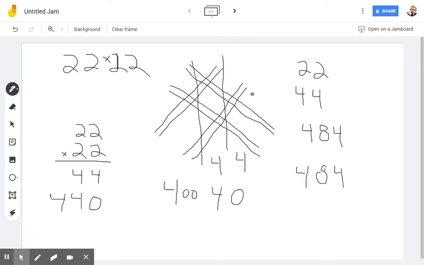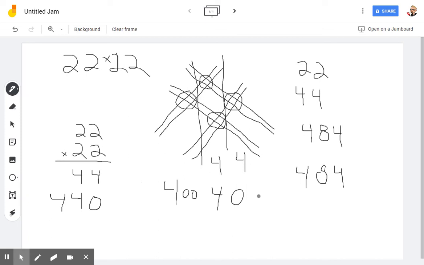I think this makes sense to you as long as you understand that these crosses mean a 2 times 2. And this is 2 times 20, and this is 20 times 2, and then this is 20 times 20.